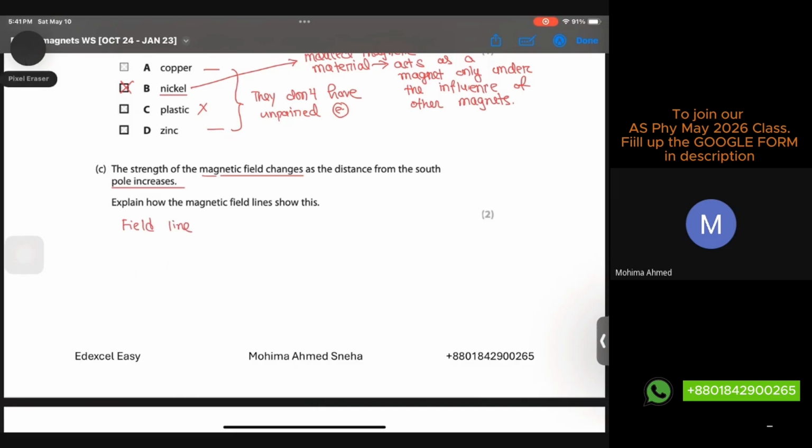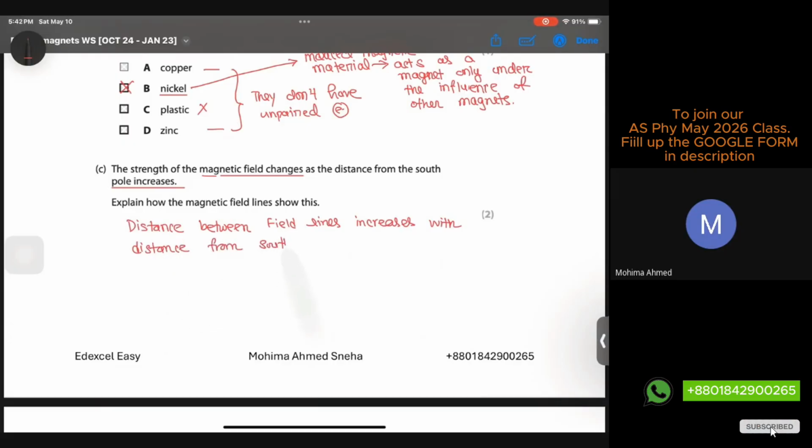The distance between field lines increases. The number of field lines also decreases.